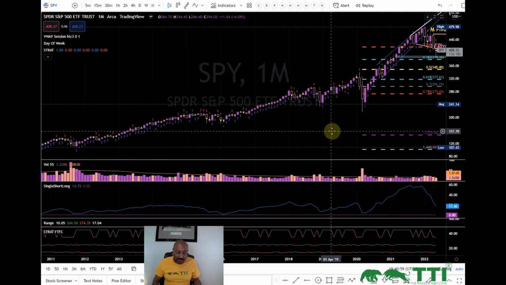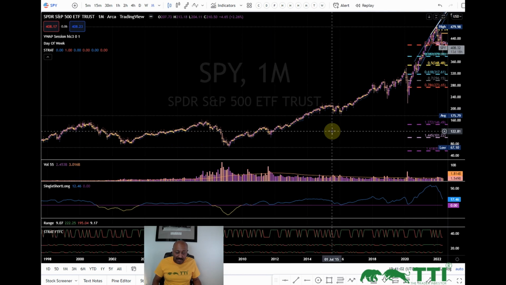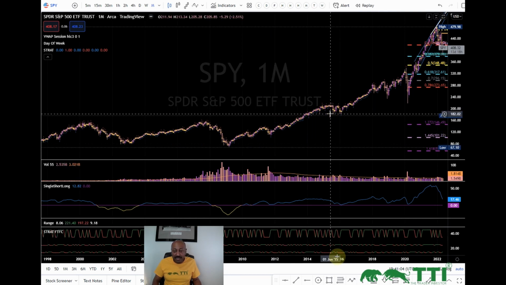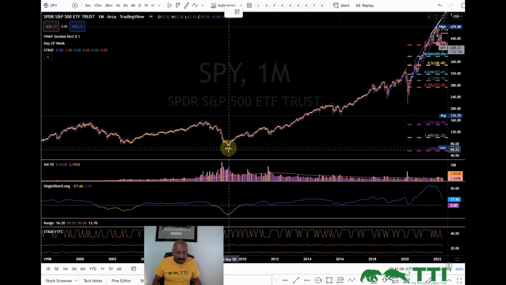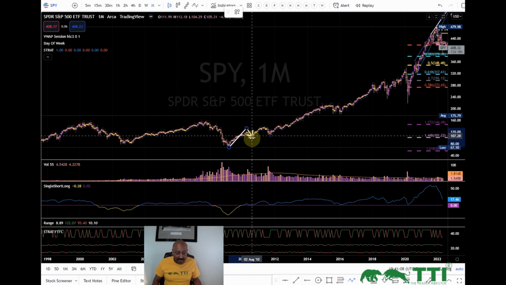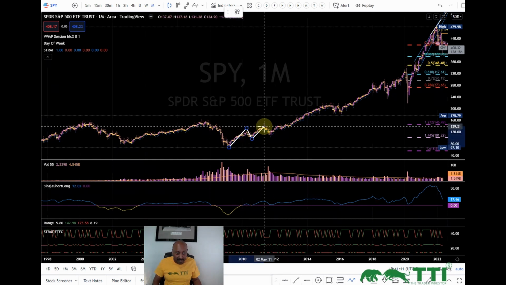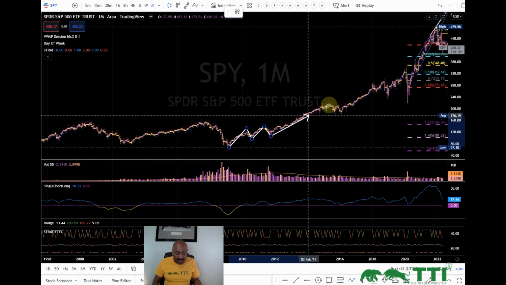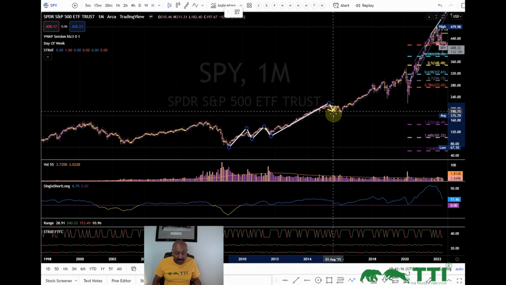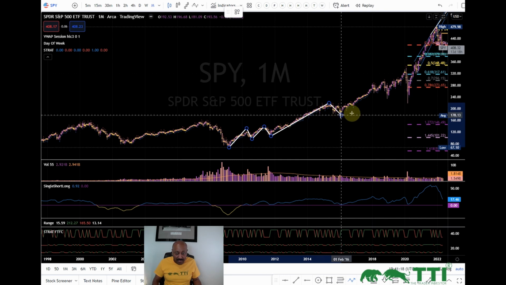Okay. So if we look at this monthly SPY, here's structure, zigzag. I'm just going to draw it on here. Here's a zigzag. Let's just use this whole thing here, like this.